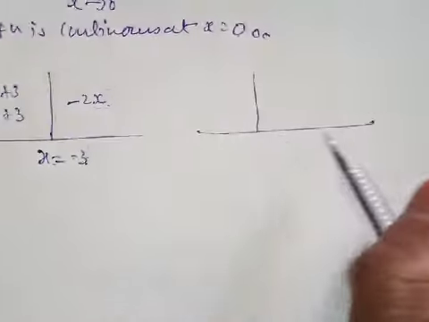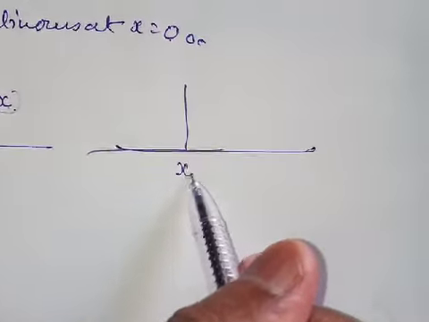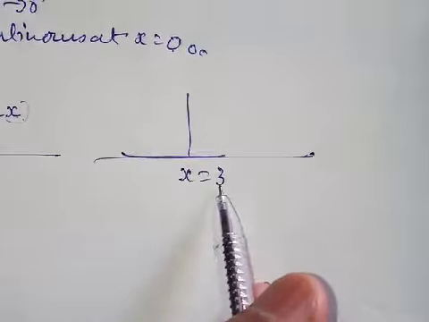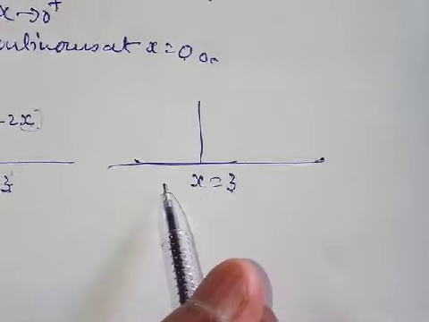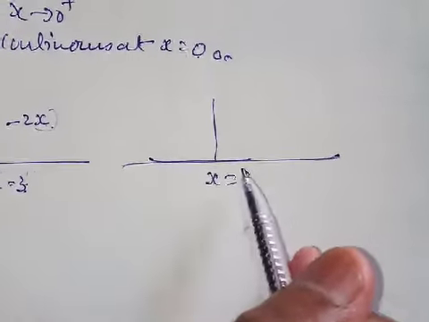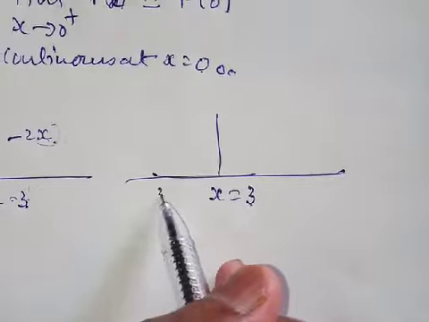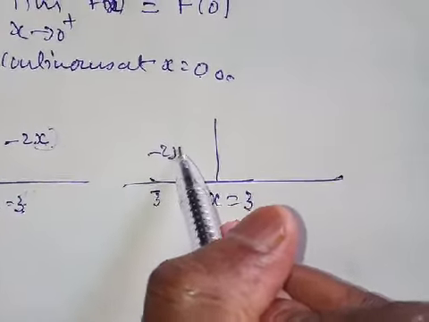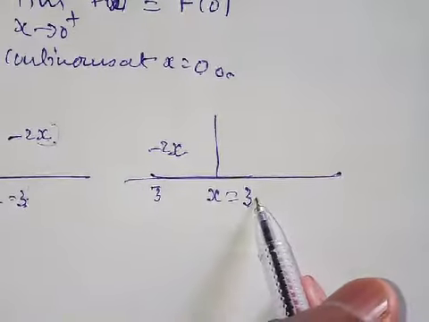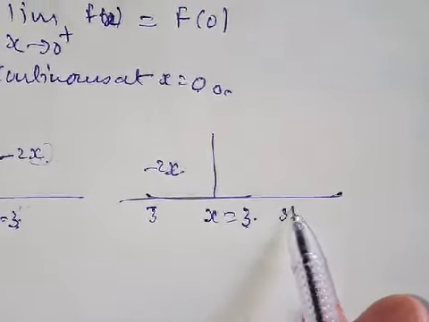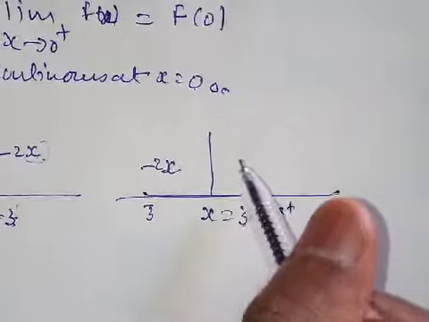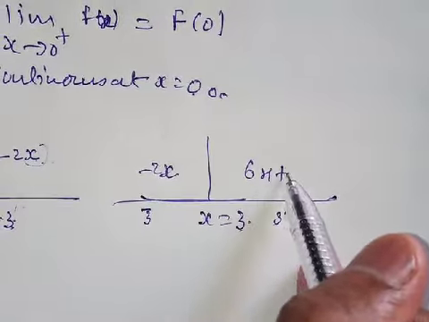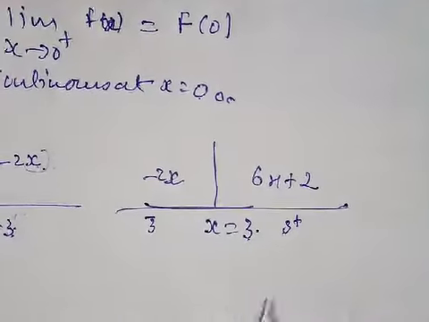If we draw the graph like this at x equal to 3, the left hand side of 3 means 3 raised to minus. The function is given as minus 2x. And the right hand side of 3 means 3 plus, which is given as 6x plus 2. So let's see here.